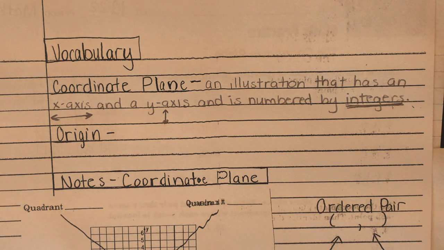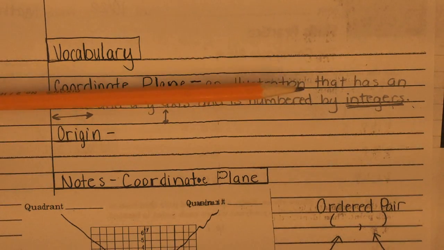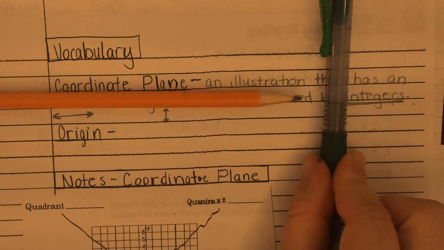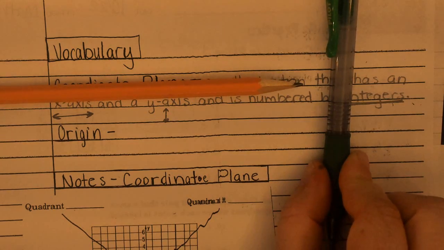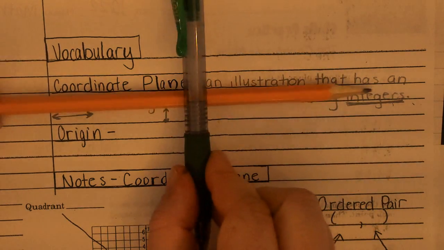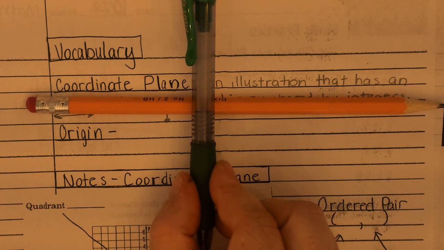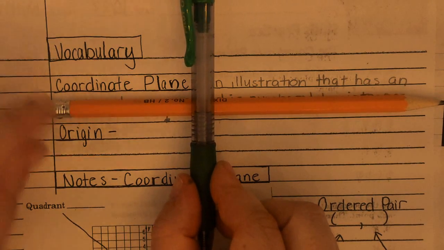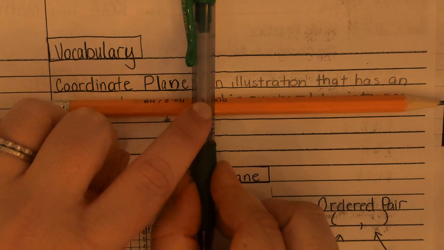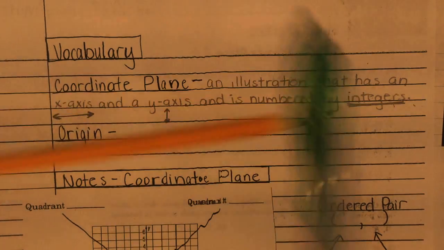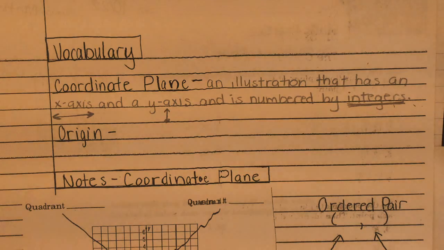All right, so I want you to think about something. If I have an x-axis that's going side to side, and I have a y-axis that's going up and down, are they eventually going to touch each other? Yeah, so they're eventually going to cross, and that's going to end up forming like a big T. Do y'all agree? Okay, where they cross, this spot right here where they're crossing each other, that is called the origin.